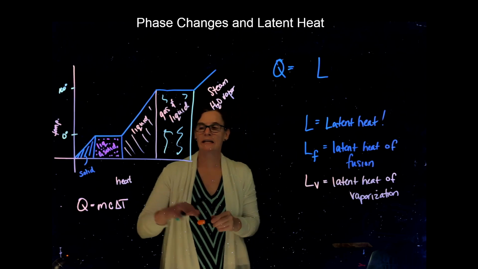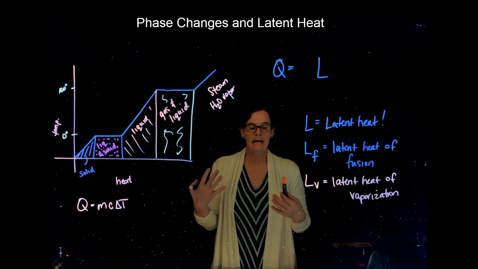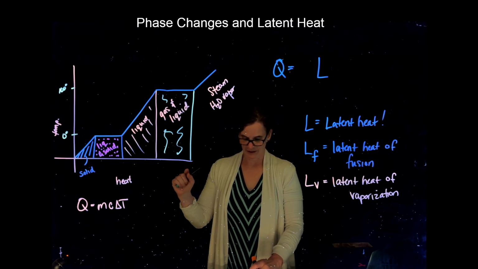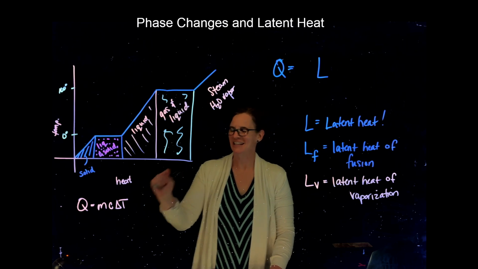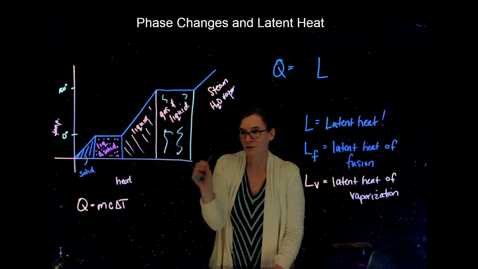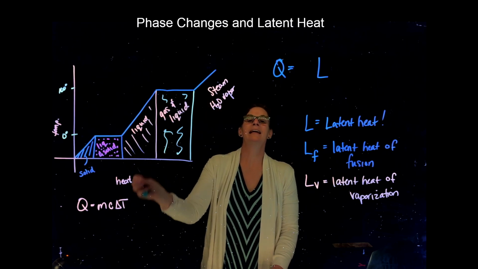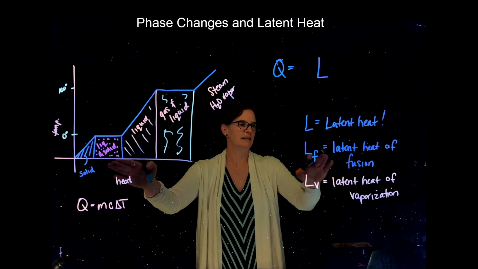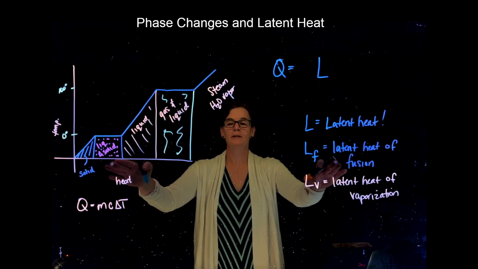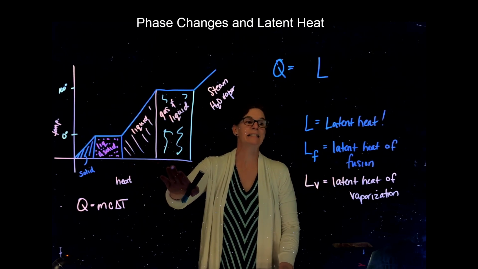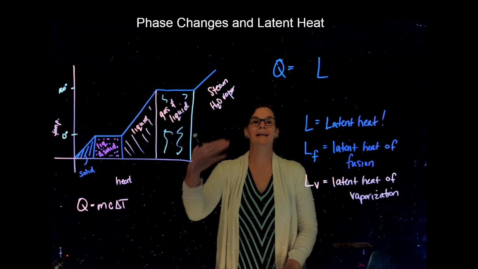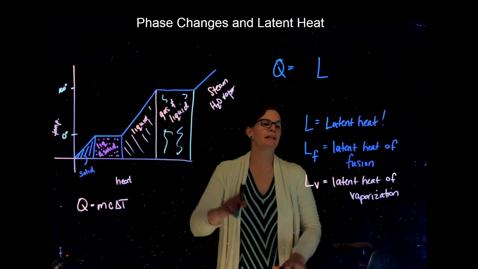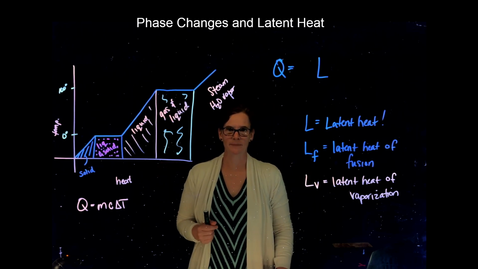It's essentially how much heat it takes to convert 1 kilogram of the substance going from a solid to a liquid, which is related to the latent heat of fusion, and how much heat is necessary to convert 1 kilogram of a substance from a gas into a liquid, which is the latent heat of vaporization.